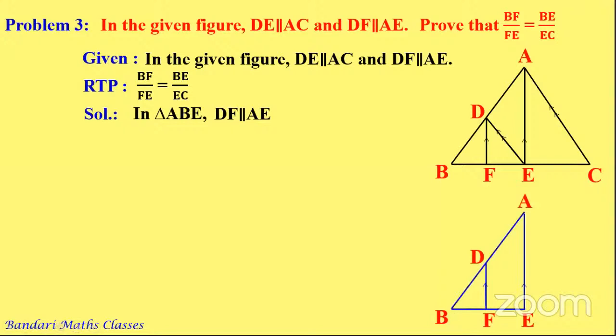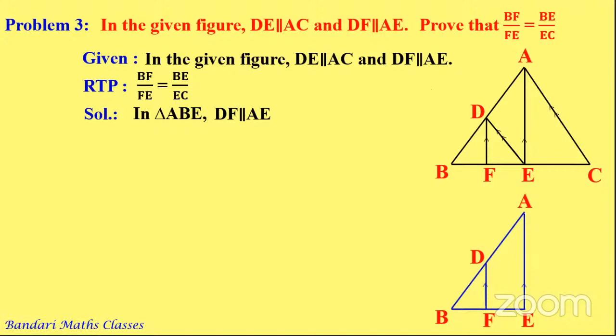A by D. No, B by D, sir. Not the single letter, the line segment. BF by FE equals BD by AD.